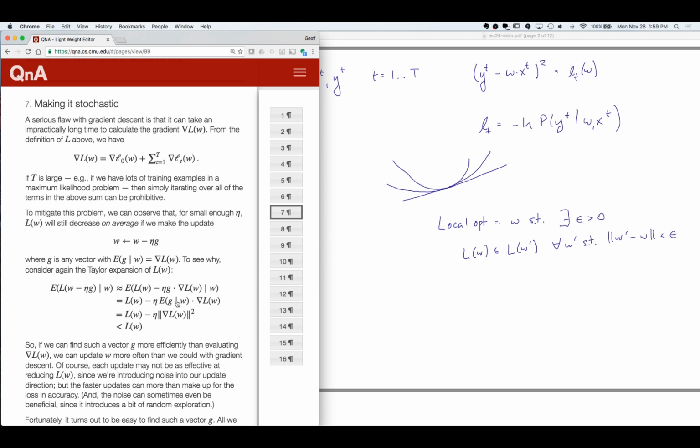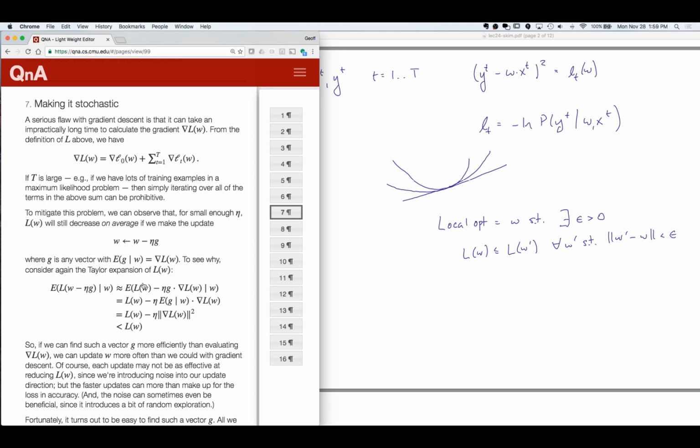And the expected value of g is just grad L by assumption. And so that is the norm squared of grad L. And anything squared is positive. So here we've decreased L compared to L of W, right? So on average, we'll go down if we take a small enough learning rate that the Taylor approximation is accurate.